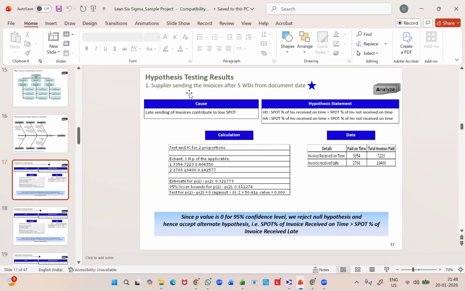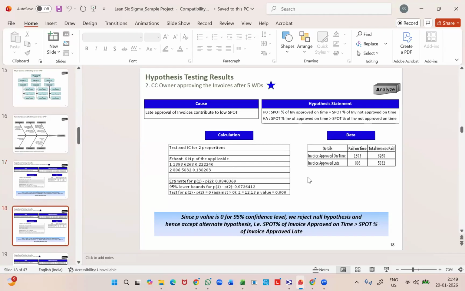So as we can see, suppliers sending the invoices after 5 working days from the document date is indeed a relevant cause for the business problem, because after performing the hypothesis test, we could understand that there is some statistical difference. So we have indicated this by the star sign.